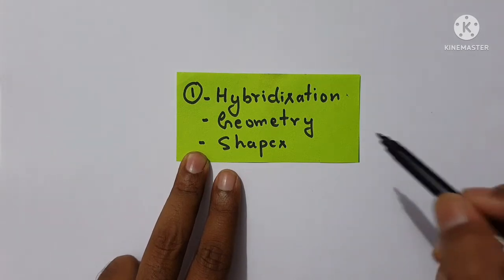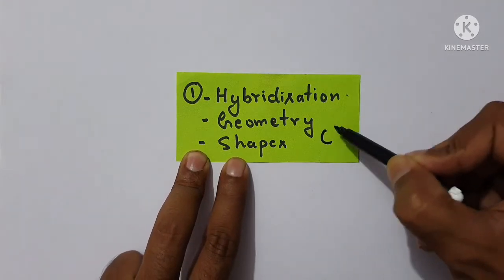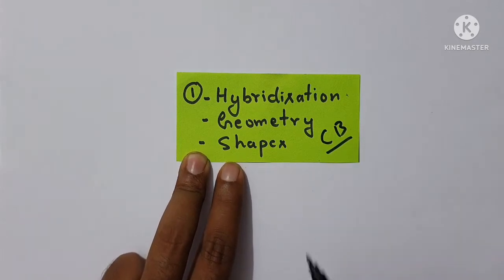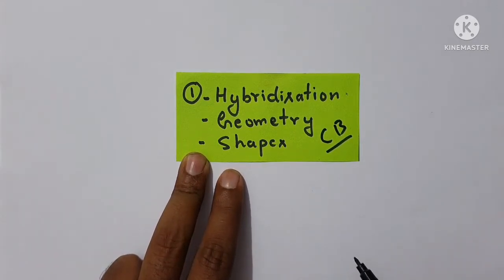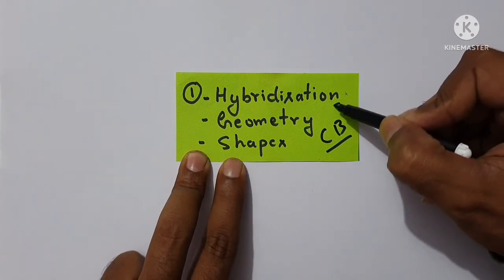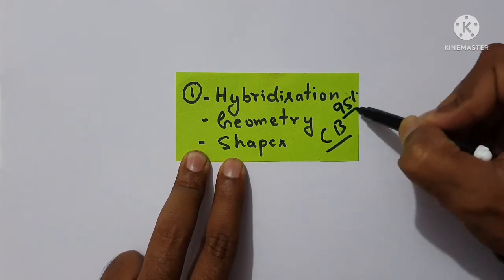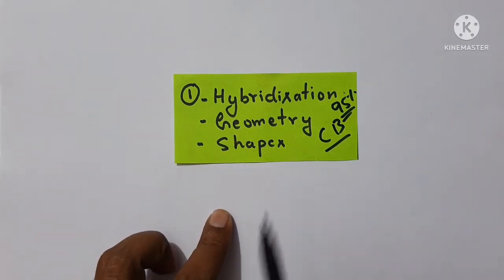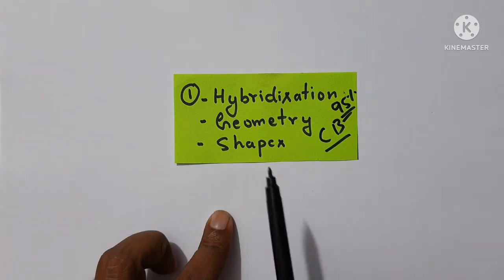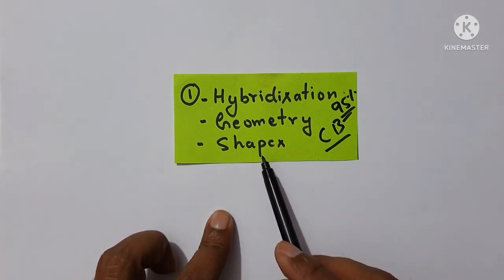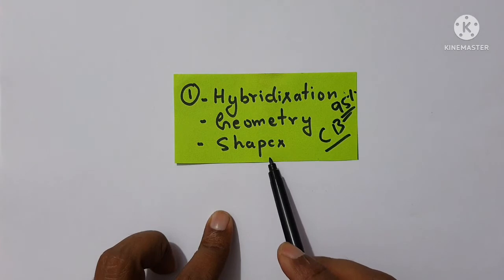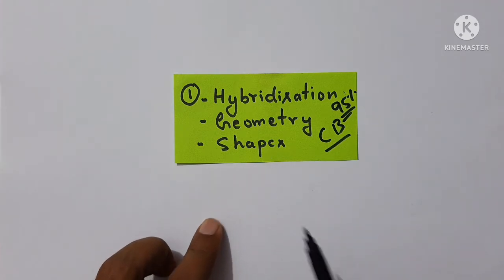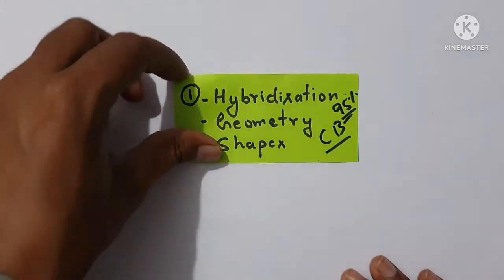Concentrate on the chemical bonding chapter, where you'll get these kinds of questions, which have been repeatedly asked, almost 95%. Definitely you will get questions based on hybridization, geometry, and shapes of orbitals, where for shapes you should concentrate on the VSEPR theory, children. This is our first most repeated question.